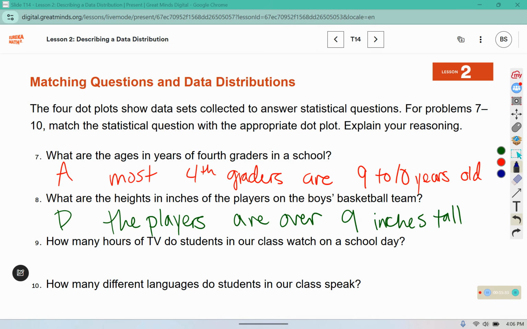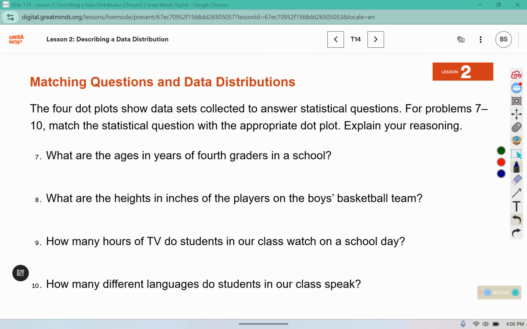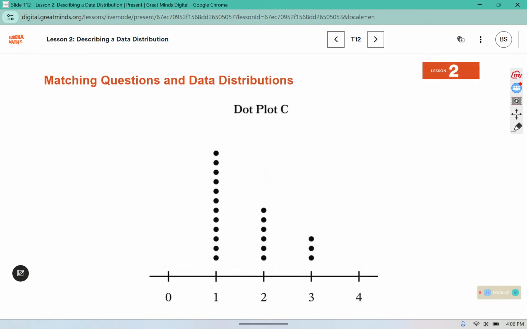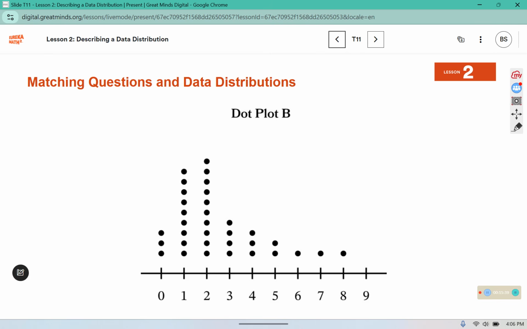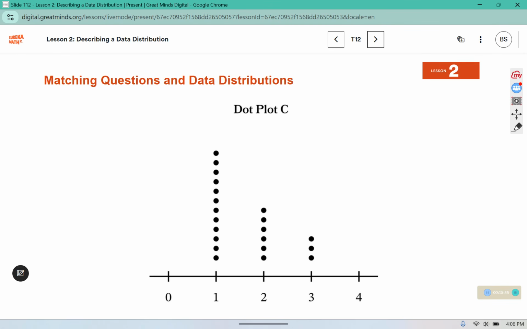So I don't predict that they would be watching 8 hours of TV on a school night, but perhaps a few students watch a lot of TV. So our choices are between B and C.